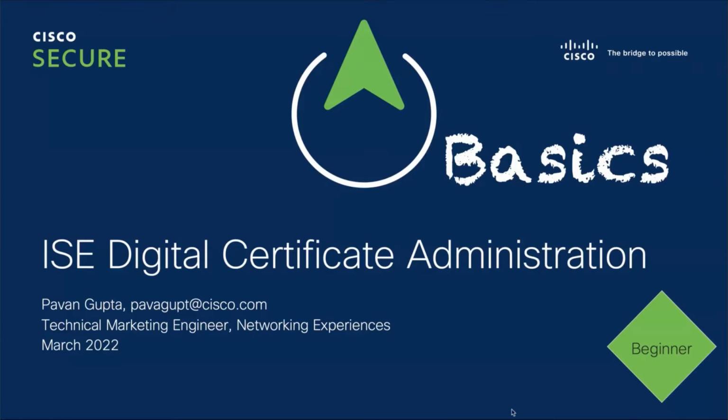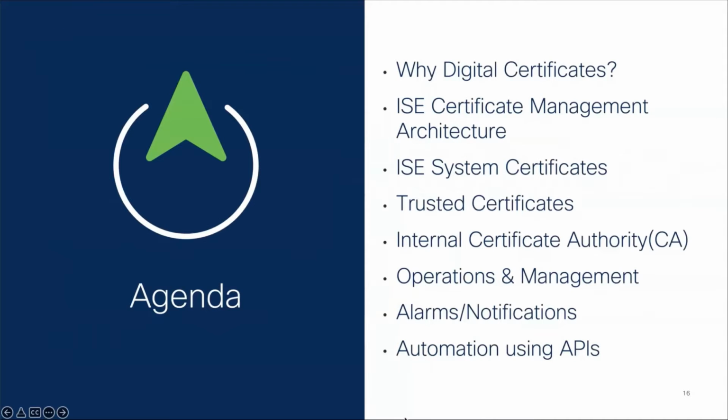Without further delay, we're going to go to our agenda. Here is the agenda that we're going to cover in this session. Hopefully, at the end of this session, you're going to get the ISE certificate management architecture and the different categories available in ISE, such as system certificate, trusted certificate, and ISE-issued certificate, which we call the internal certificate authority, operations and management around it, alarms and notifications, and what APIs are available for us to do certificate management.